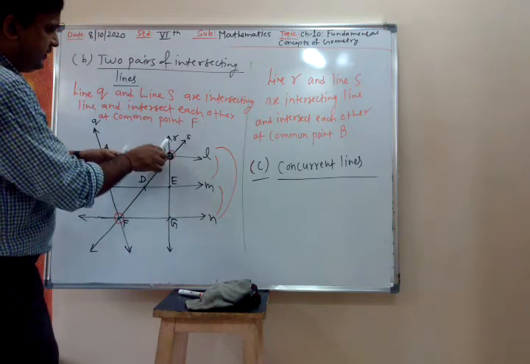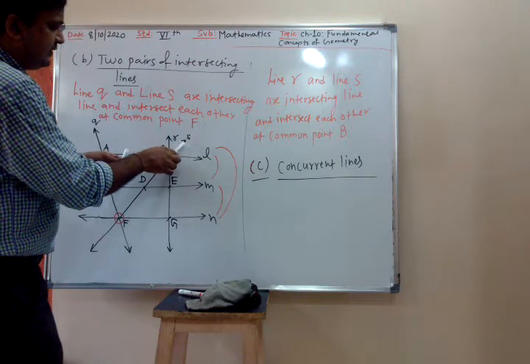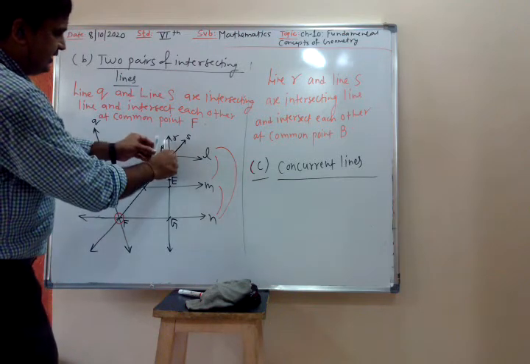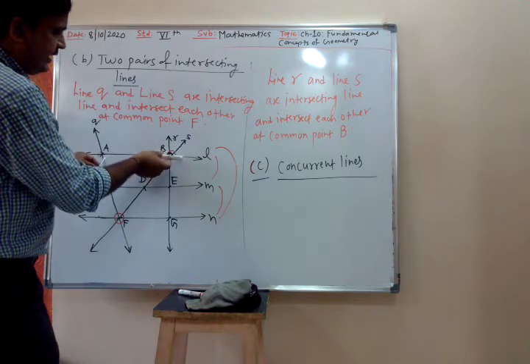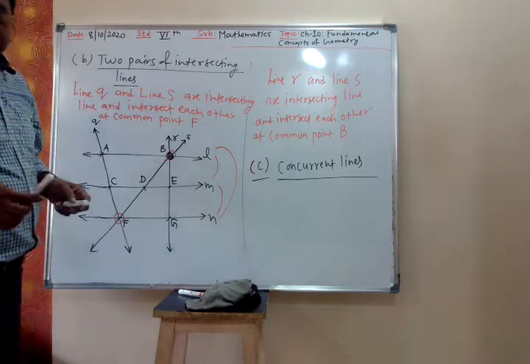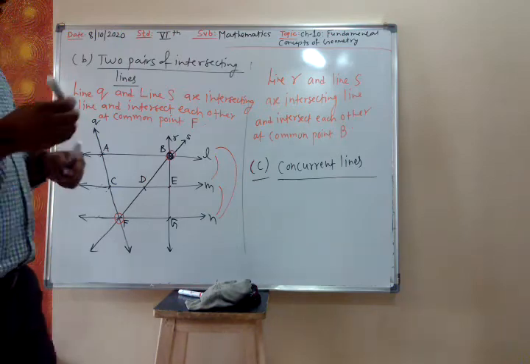Have patience. Now, if you take the example of line R, line S, line L, these three lines meet each other at common point B. So lines R, S, L are concurrent lines.